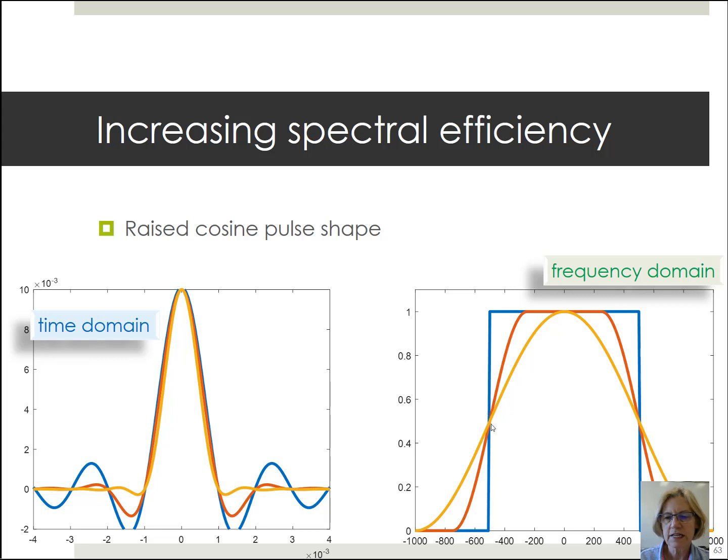And of course, when we say it uses twice the bandwidth, most of the energy is still concentrated in the desired band, but this roll-off can change. And this way, we can quantify how much crosstalk will be generated by the use of that particular pulse, depending on how tightly packed the wavelength channels are.